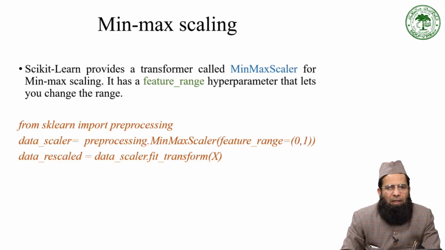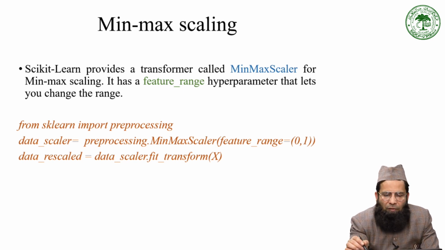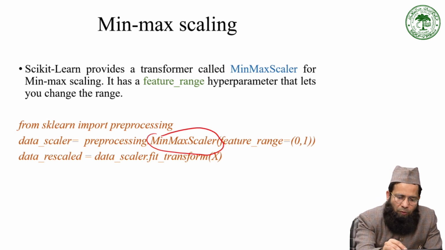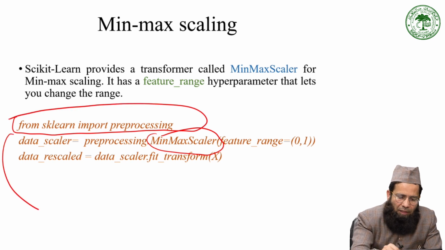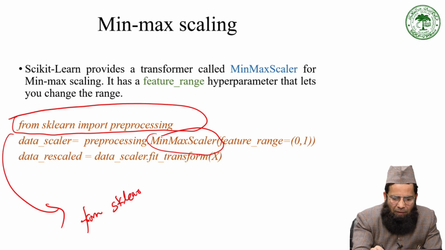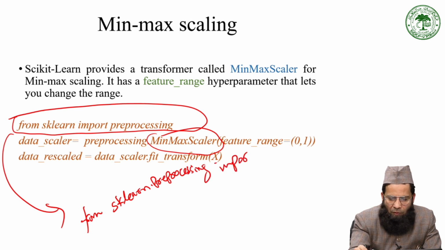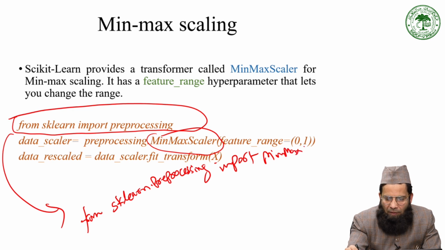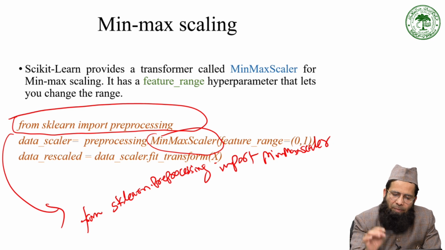And the next one is how to apply min max using scikit-learn. First, we will import MinMaxScaler. You can also write this in this manner as well: from sklearn.preprocessing import MinMaxScaler.